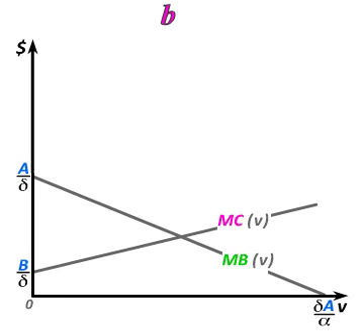Since every output unit results in delta units of carbon dioxide, the horizontal intercept A over alpha in panel A becomes delta A over alpha in panel B. Similarly, any marginal cost or marginal benefit of an output unit will now be equal to that marginal cost or marginal benefit divided by delta on the vertical axis, thus changing the intercepts on the vertical axis from A and B to A over delta and B over delta.